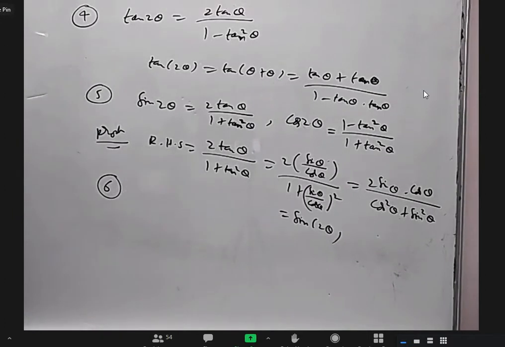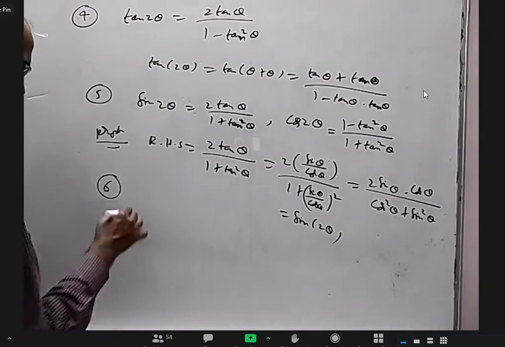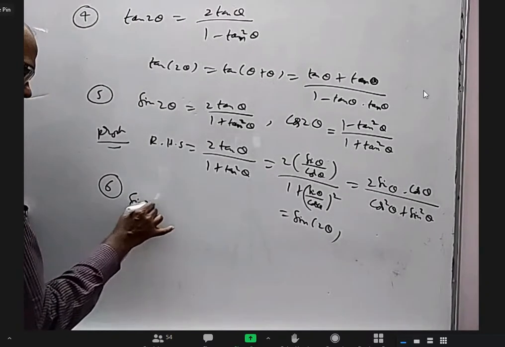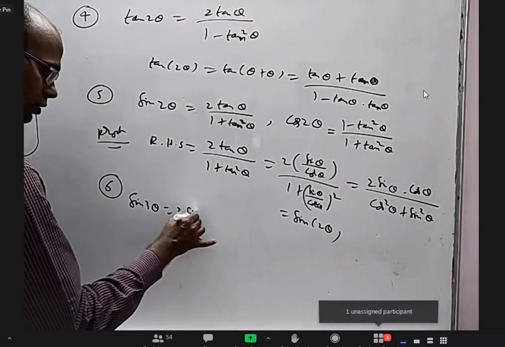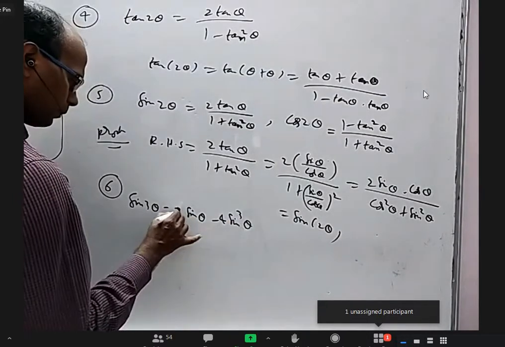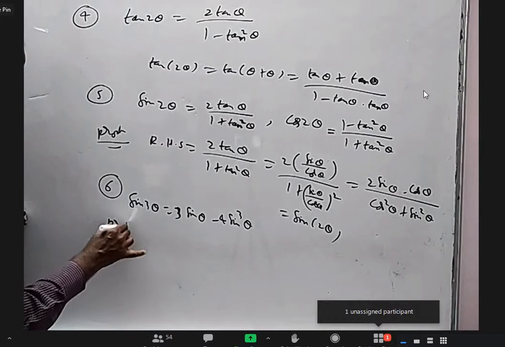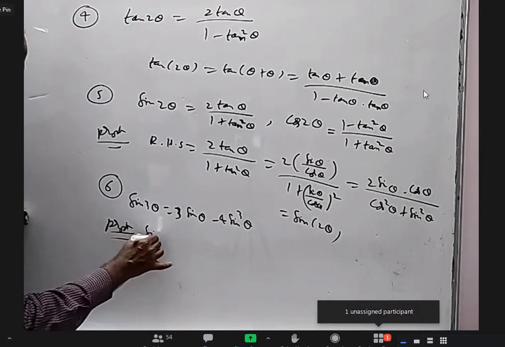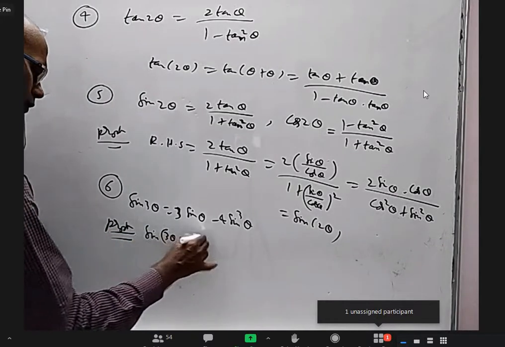Okay, we have seen sin 2 theta, cos 2 theta, tan 2 theta. Sin 3 theta formula is 3 sin theta minus 4 sin cube theta. Sir, we can use sin of a plus b plus c where a is equal to b is equal to c is equal to theta.